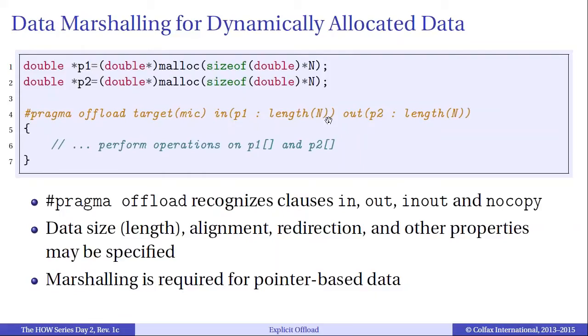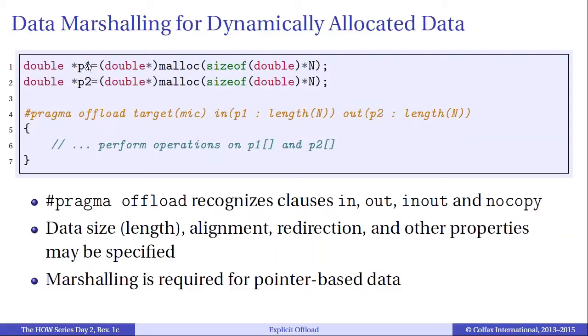In P1 length n means that before the offload, I want to copy all the data from the host, hiding behind the pointer P1, and I want to copy n elements. Notice that this is not bytes, but elements. And I'm copying in, meaning from the host to Z1.5. Out means the opposite. At the end of the offload, I will copy all results from Z1.5 back to the host, and the length of the results is n.